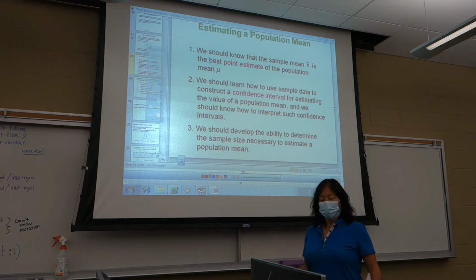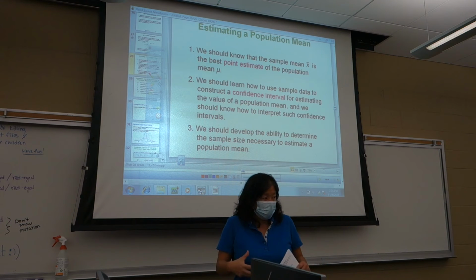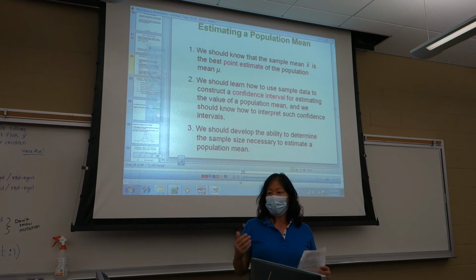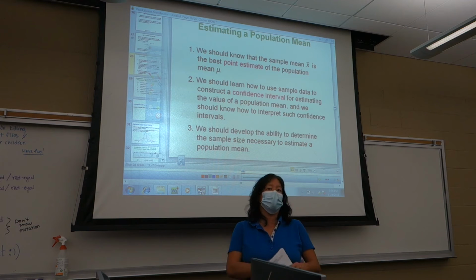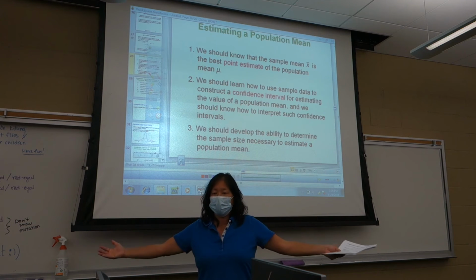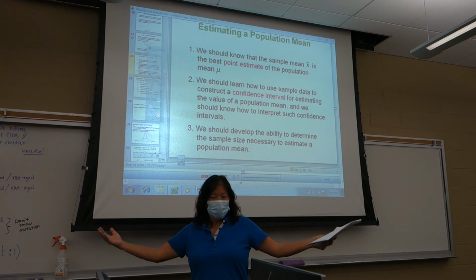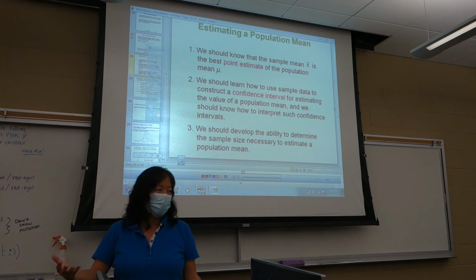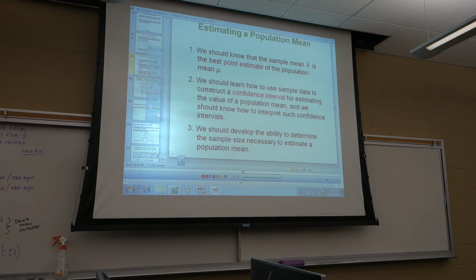What's my best guess of the heights of everybody in the country? 5 foot 7.4 inches. What have I got from my sample? So my best point estimate is my X bar, my sample mean.